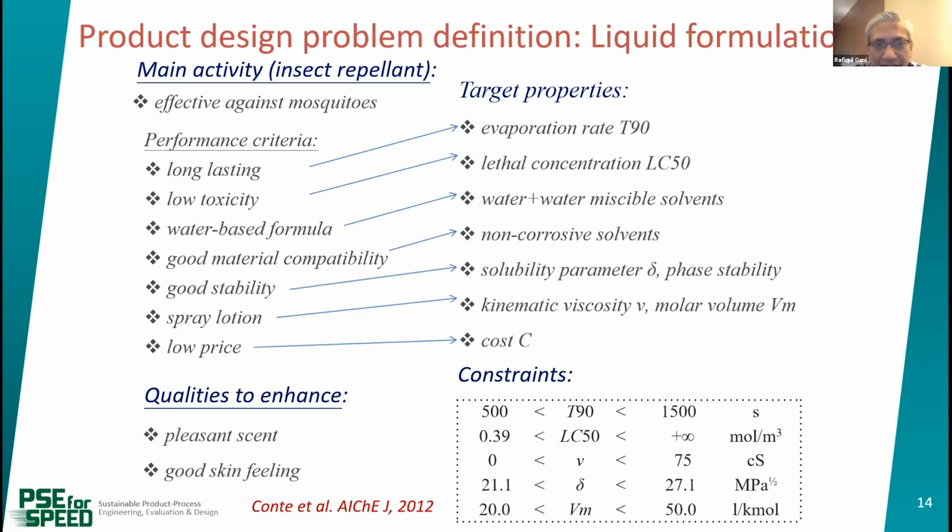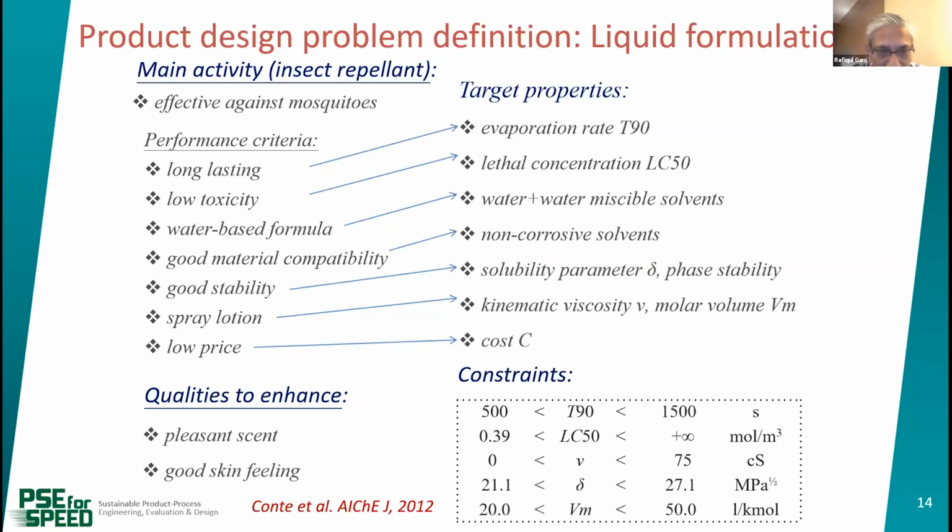So long-lasting and low toxicity are related to evaporation rate, the LC50 value, and so on. And once we know that these are the target properties, we need to provide upper and lower bounds so that when we are trying to find the optimal recipe for the product, we can match these values.